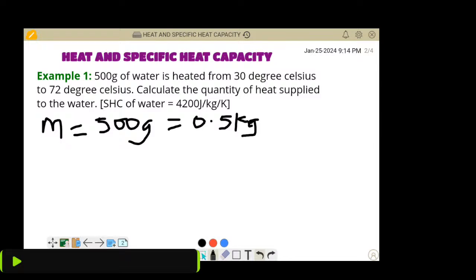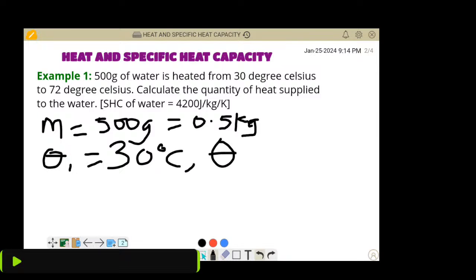So we can say the initial temperature of the water, theta 1, equals 30 degrees Celsius, while the final temperature observed, which we can refer to as theta 2, is 72 degrees Celsius.